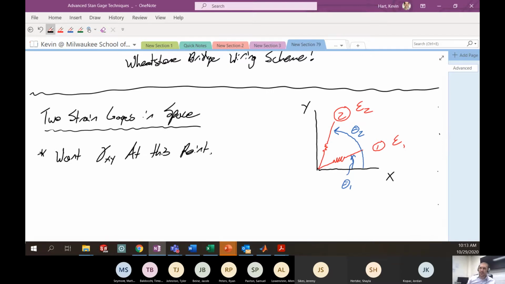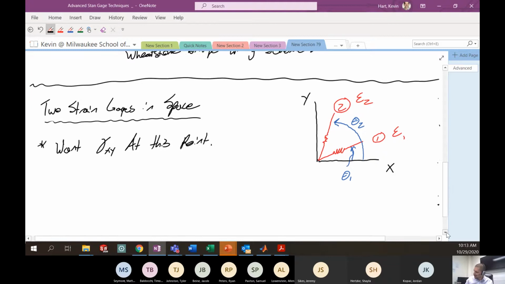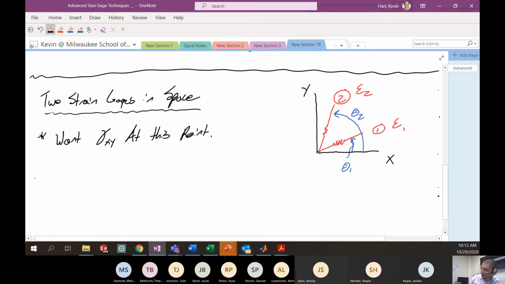Previously, we've required a 45-degree rosette or 3 gauges at a point to fully define our shear strain gamma xy. But can we do it with 2 gauges? Well, kind of. So let's talk about this. We know from strain transformations the following to be true.